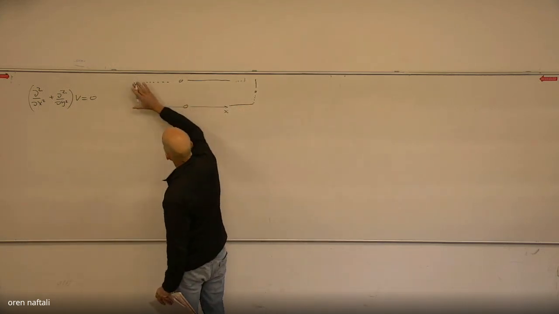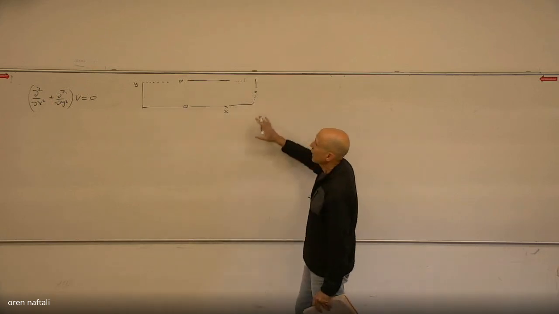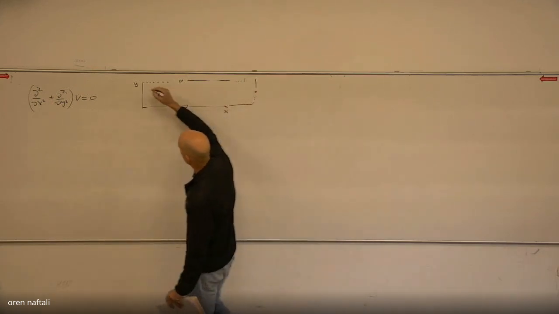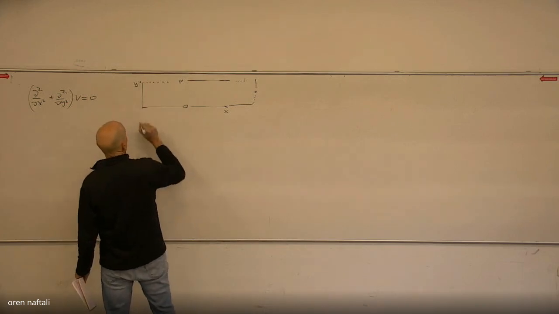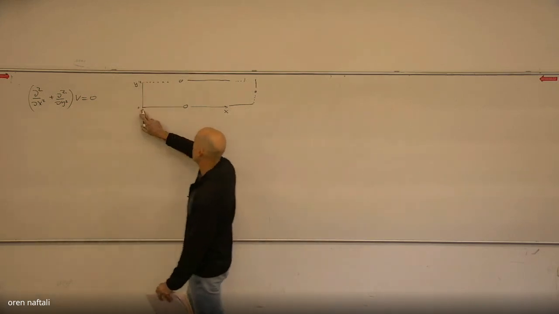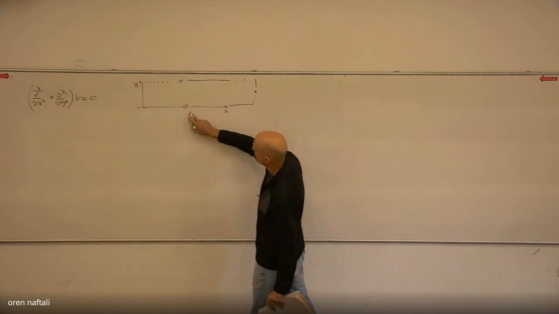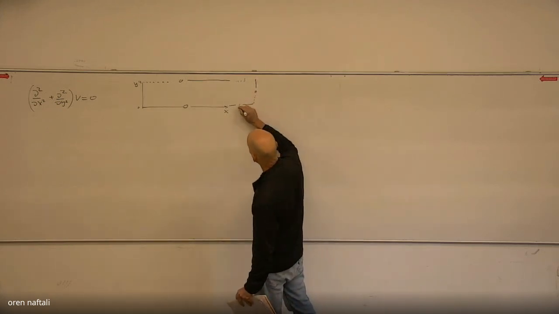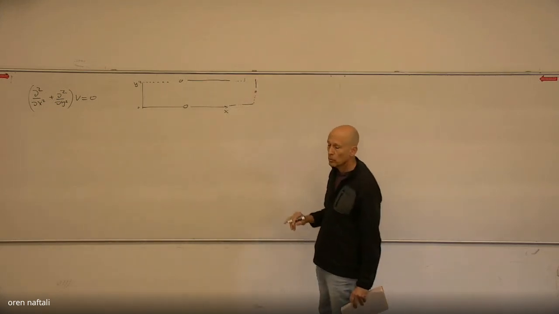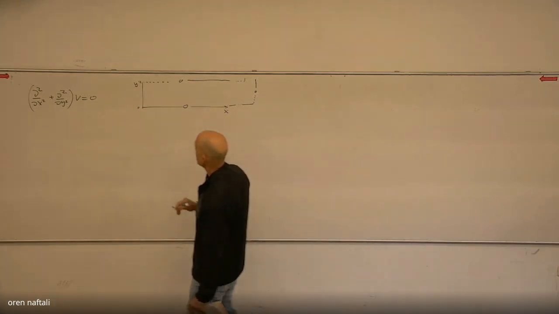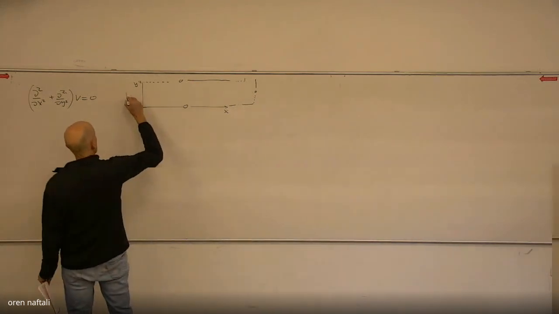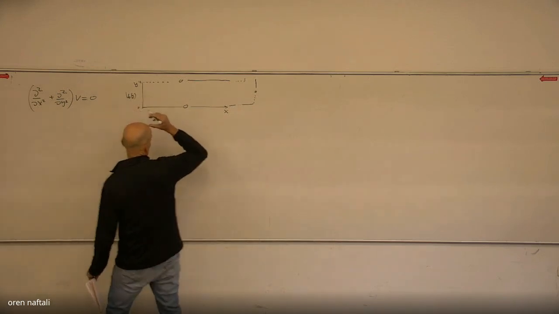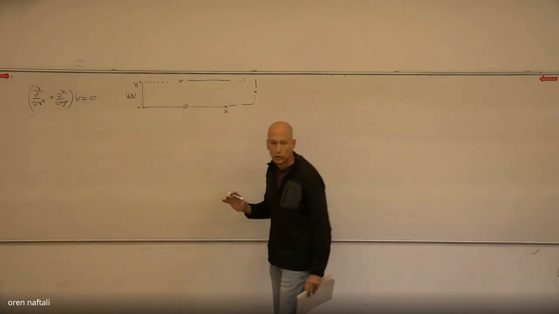So we have a slab, and the potential is 0 along this axis. This is at y equal a, and it's 0 when y is equal to 0 as well. This is this 0, and at infinity, these are these three dots, it's also 0. And the only place where it's not 0 is over here. It's V, let's call it V0 of y. So these are the boundary conditions.